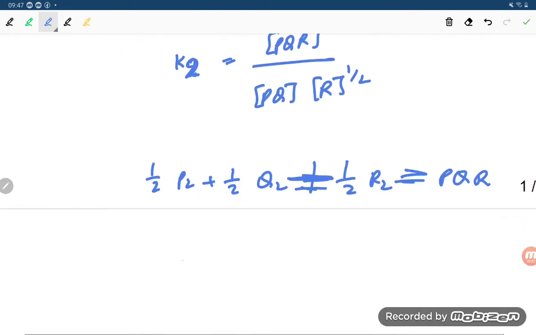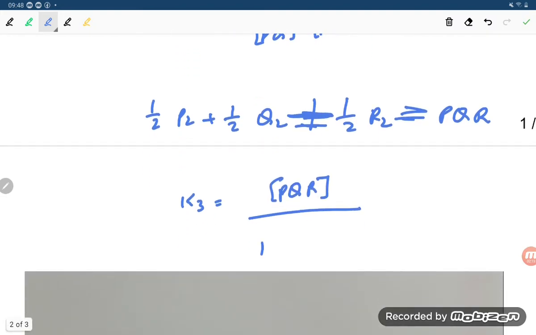For this, K3 is [PQR] divided by [P2] power 1 by 2, [Q2] power 1 by 2, [R2] power 1 by 2.